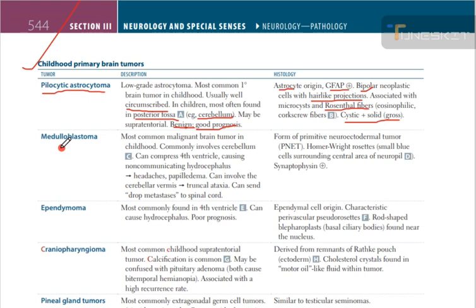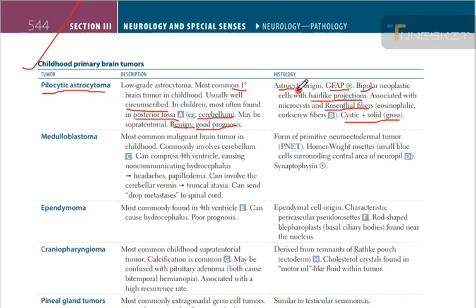Let's see it one more time. It is circumscribed, meaning it is benign, in the posterior fossa, mostly involving the cerebellum, and it has a good prognosis. It is the most common primary brain tumor in childhood.